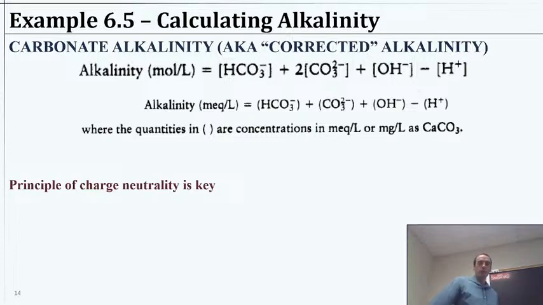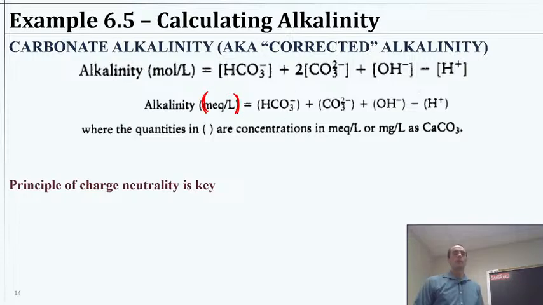Okay, so one thing to consider is we can also write this as the alkalinity in milliequivalents per liter instead of moles per liter. And you'll notice what has happened when we talked about it in moles per liter with the brackets is we had to multiply by 2 for the charge, right? So if we express it in parentheses, where these parentheses are going to be milliequivalents per liter, that's still essentially a molar unit, but it's a moles of charge, right?